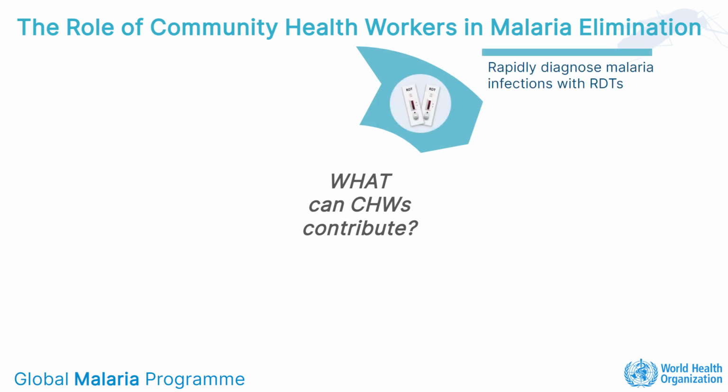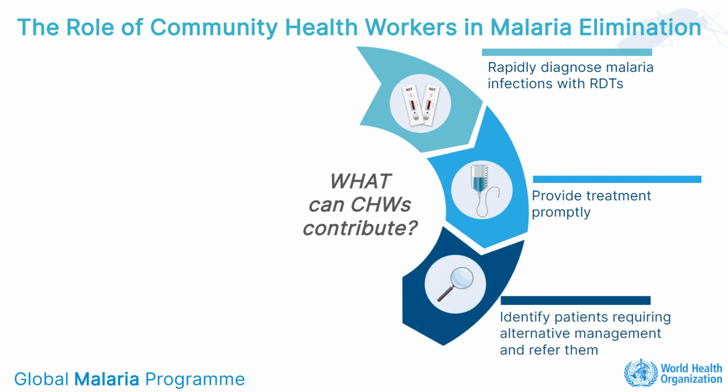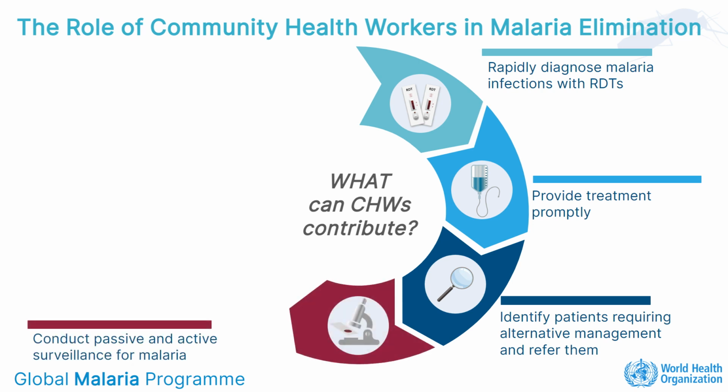Because of their proximity to patients, community workers can provide treatment promptly, preventing the onset of severe disease and onward transmission of the infection. CHWs can identify patients requiring referral for severe disease and help them to reach the care they need. CHWs can participate in passive and active surveillance of malaria.